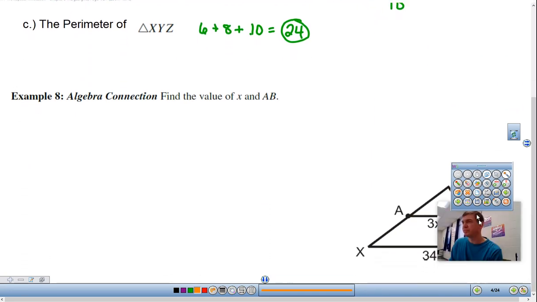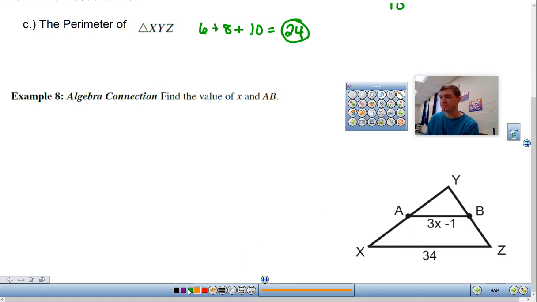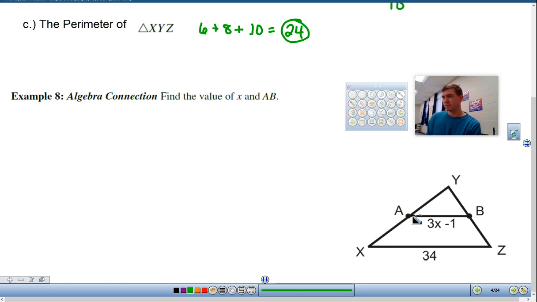Here we are asked to find the value of x and the length of segment AB. They didn't tell us this, but we're going to assume that this is a midsegment. It's important, otherwise we would not be able to solve this problem. All right, so we know that the midsegment should have a relationship with the side that it's parallel to.